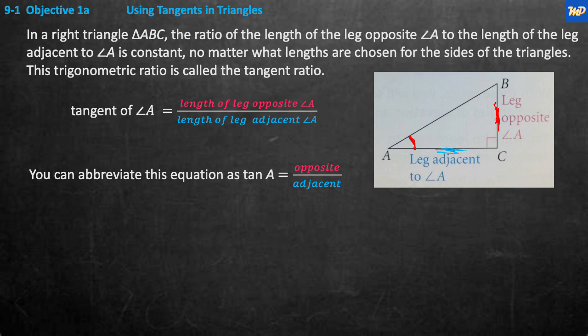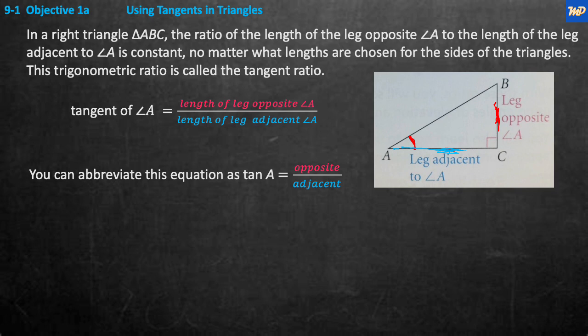Adjacent means it's like touching it, right? So it's right next to it. Angle A, the leg adjacent, as the opposite means away from it, on the opposite side of the triangle. So that's where we get the ratio. So you divide the length of the opposite leg by the length of the adjacent leg, and you have the tangent. And that can be used to determine what the angle is, and vice versa. Okay?